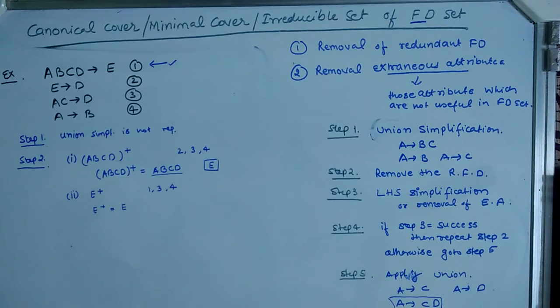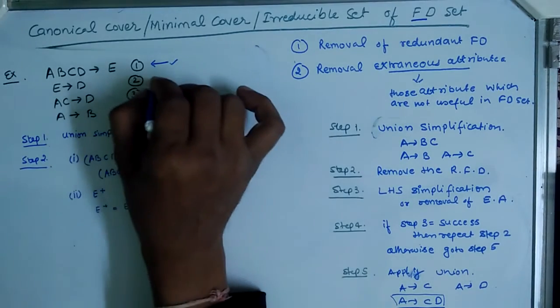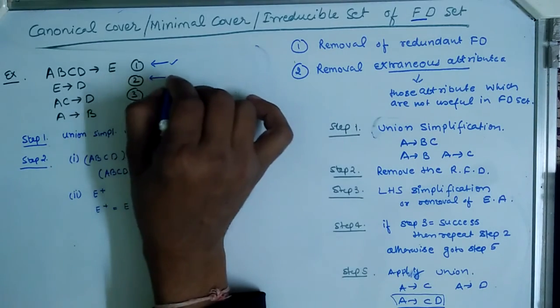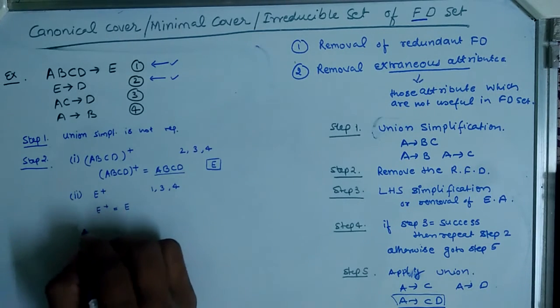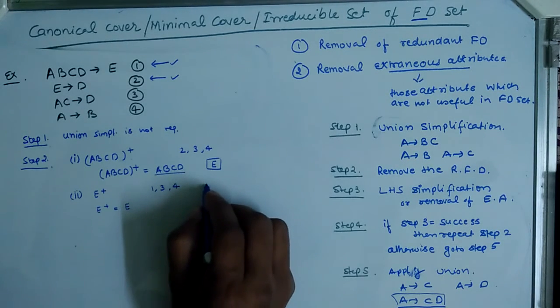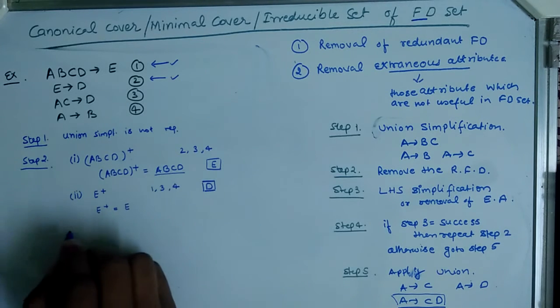So these three equations cannot find any other attribute, so E closure will only lead to E. So this functional dependency is also not redundant. So these are important functional dependencies for my relation. So no functional dependencies will give you D.